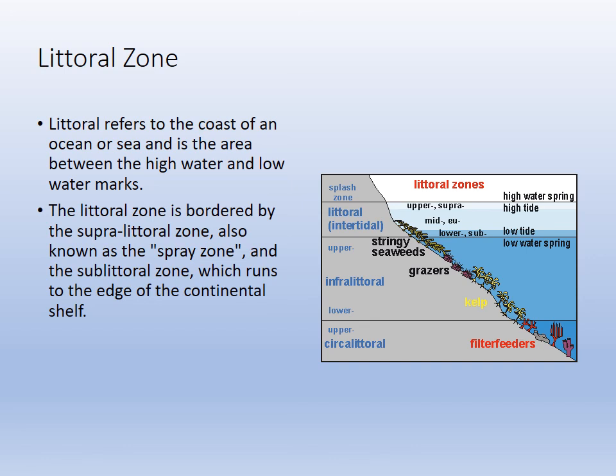They live in layers because some things, like filter feeders, always need water, so they have to live here. Some things can crawl around, so they can live throughout the littoral zone. Some things can dry out and then rehydrate, like seaweeds that can live in the upper littoral zone. So the littoral zone has various bands of life.